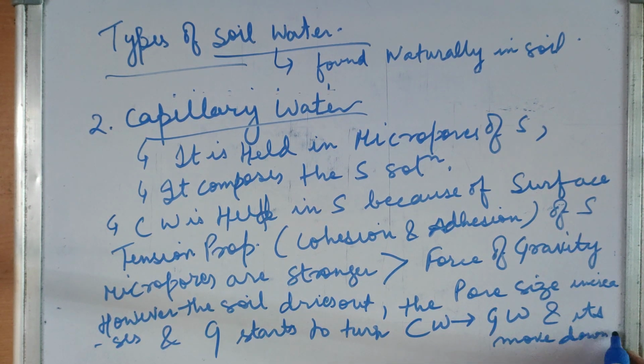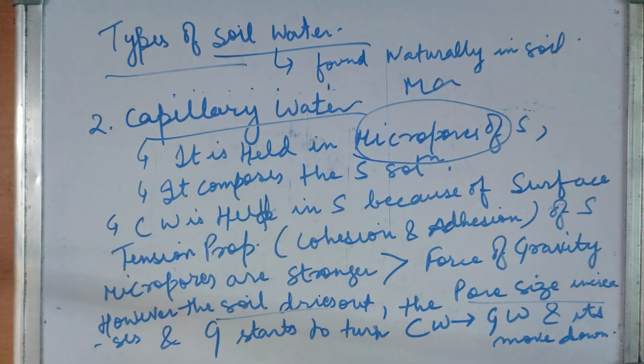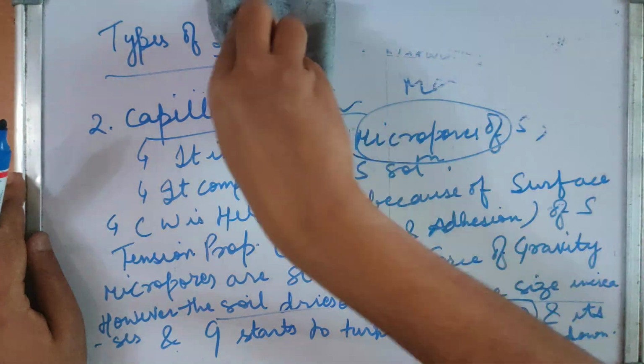So what happens here? When the soil dries, the pore size changes from micropore to macropore, and gravity starts pulling this water. Hence the capillary water changes itself to gravitational water and moves down to the table. I hope you understand what capillary water is.